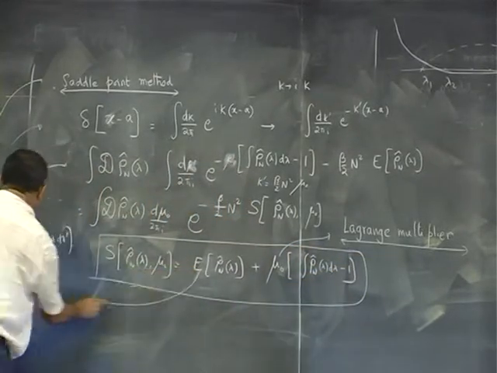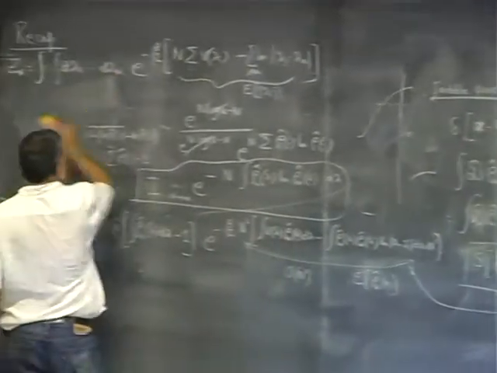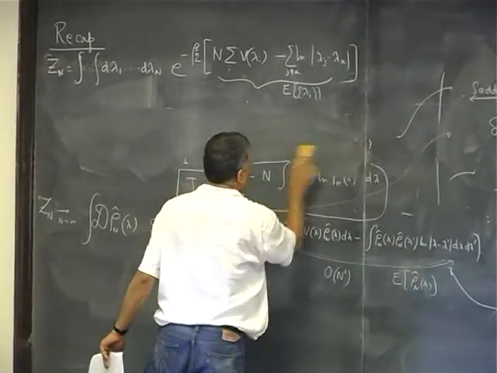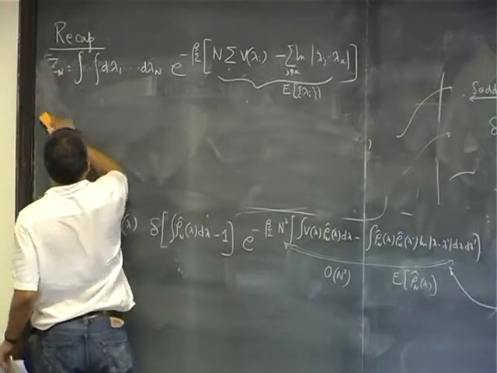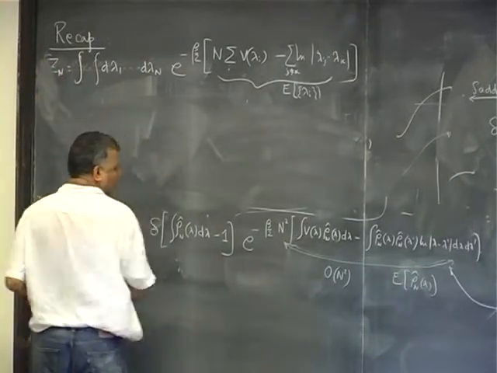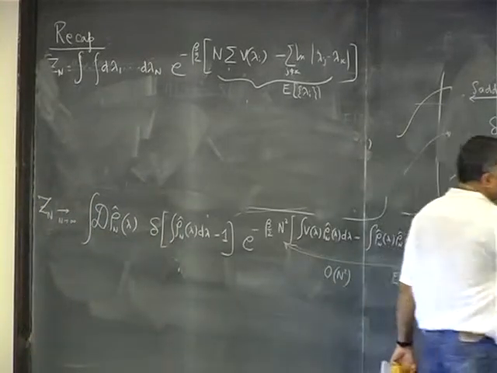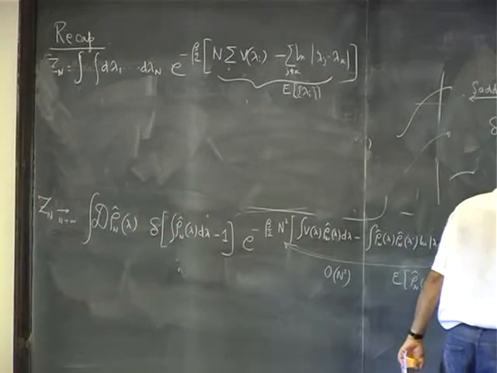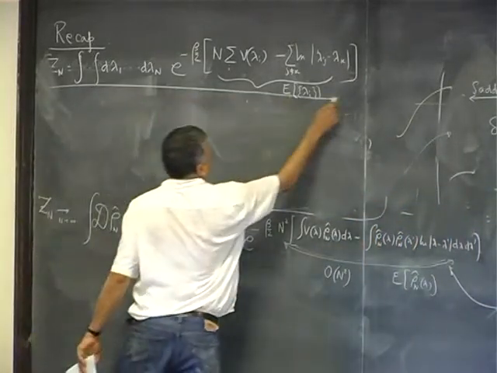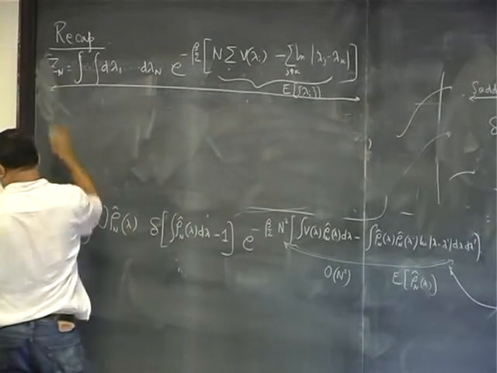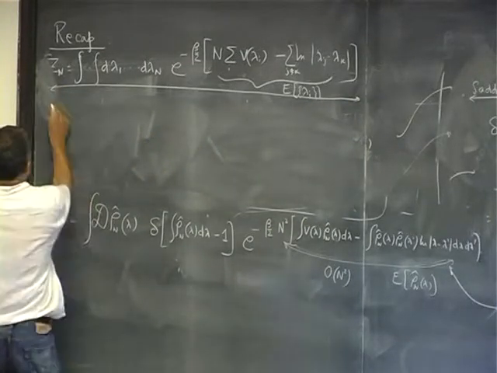Where E of rho n lambda is this guy. So what do we have to do now? As I said, saddle point approximation means that I have to minimize this action with respect to rho n hat lambda and with respect to this mu naught. So what does minimization mean? The saddle point equations.